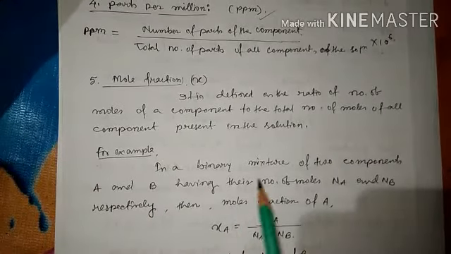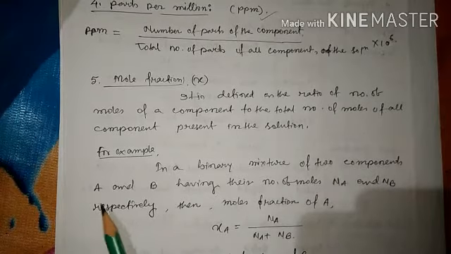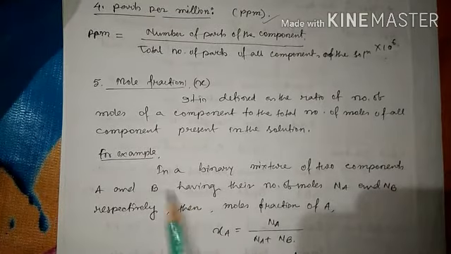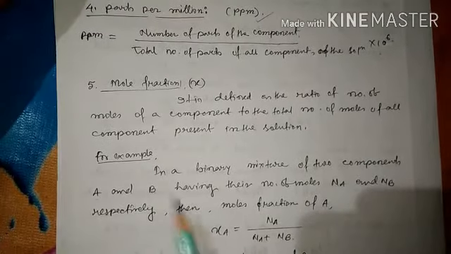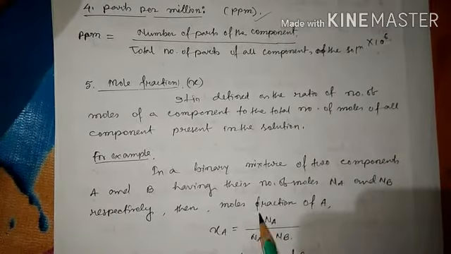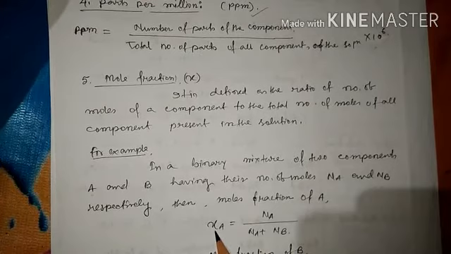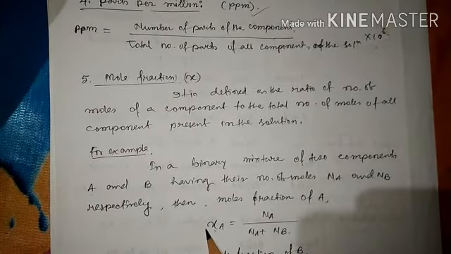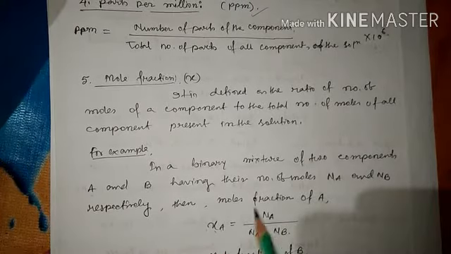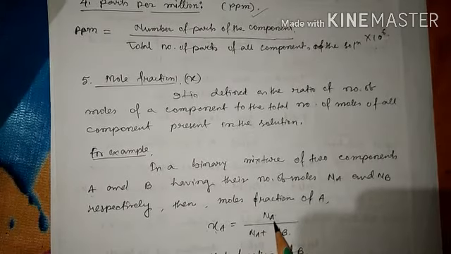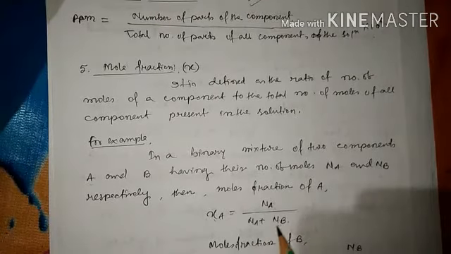See, in a binary mixture of two components A and B, suppose A is one component and B is the other component, having their number of moles Na and Nb respectively. Then the mole fraction of A, this one is not X, this one is xi, xi A, is equal to the number of moles of A divided by the number of moles of both components, that is Na and Nb.